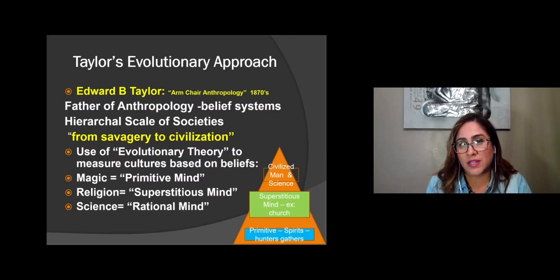And from this type of primitive men, humankind has evolved into the second one, those humans that have organized religion, whether they have one god, they're monotheistic, or they have many gods, polytheistic. Nonetheless, they still have these ideas that their ancestors had, these superstitious ideas.